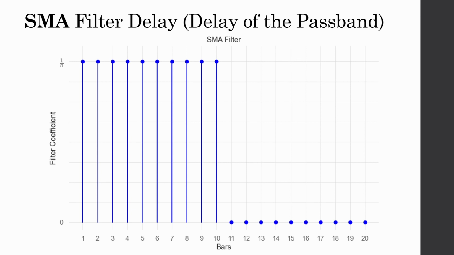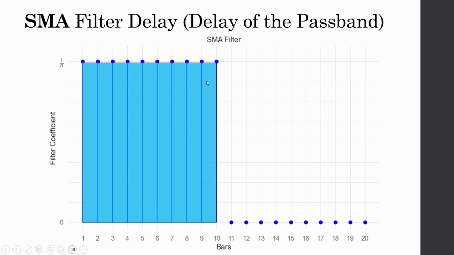If we go back to looking at our filter here, we can calculate the lag of the filter by thinking of the center of mass of the filter. So if we draw a box here, we want to know what's the center of mass of this box. So it would be somewhere right here, right? And so we want to know this distance. That's where the center of mass is. And so for a 10 bar moving average, that happens to be 4.5 bars.